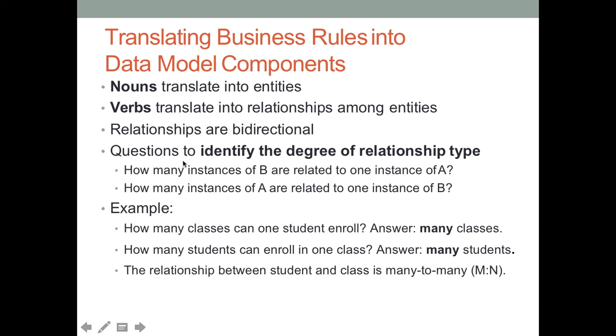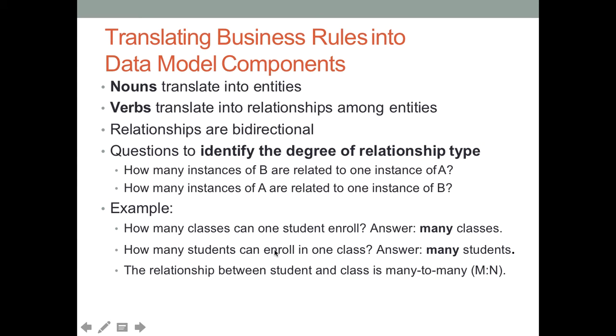And there are questions which can help you identify the degree of relationship types. So how many instances of B are related to one instance of A, and then how many instances of A are related to one instance of B. So in this example, let's see how to identify the degree of relationship types between student and class.